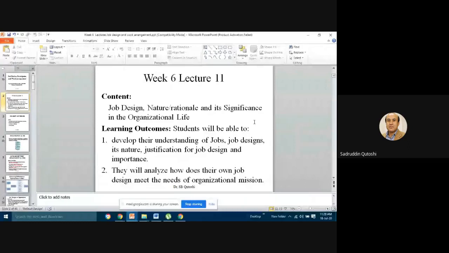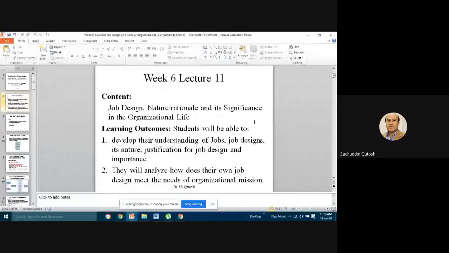So today in this particular lecture, we will try to develop our understanding of what is job and what is job design, its nature, justification for job design, and its importance in the life of organization.